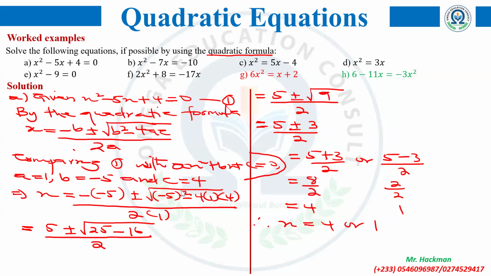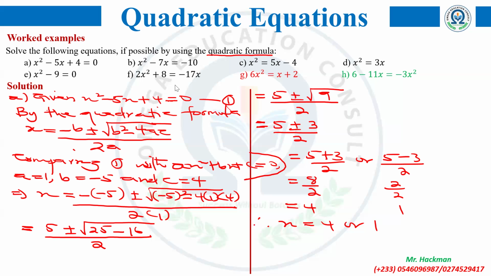And you can see that if you look at the volume of work here and that of the factorization, this one we wrote more. I hope you agree with me. Though we ended up getting the same result, we wrote more here. So that's why I said, if the quadratic expression is factorable, go for the method of factorization. It will always be ideal to save you time and space.